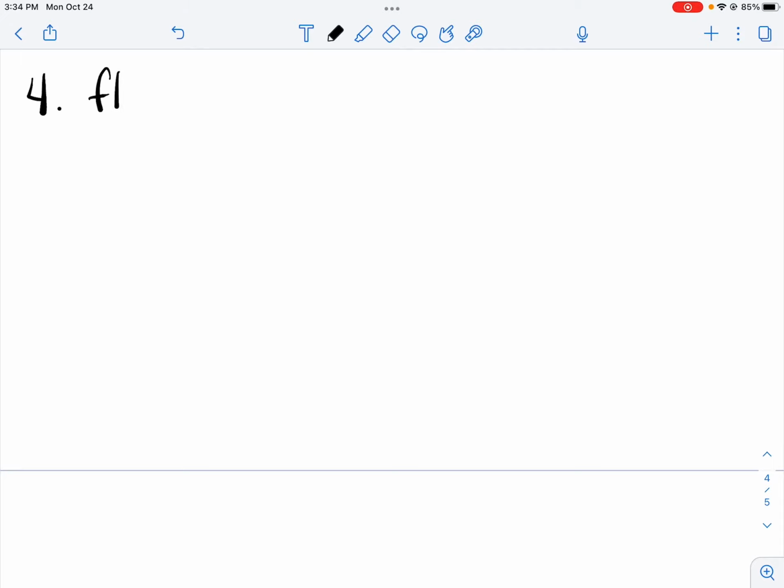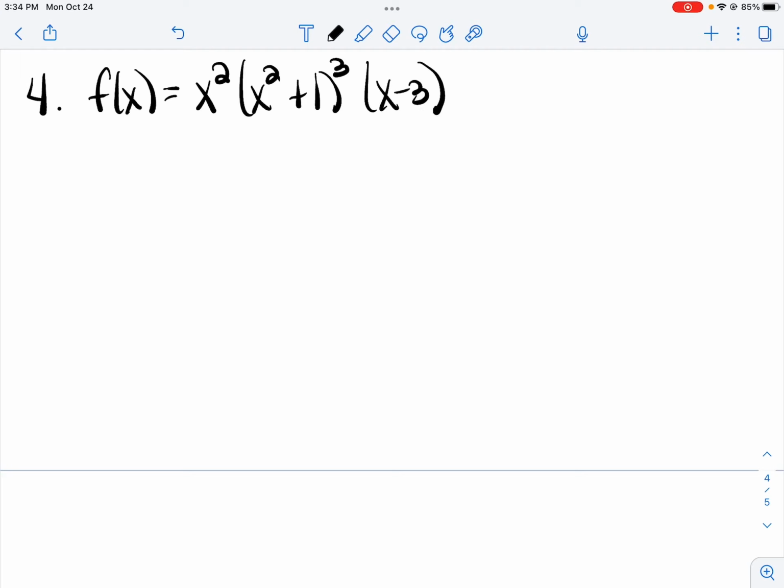Problem number 4, we have a polynomial that's given. x squared times x squared plus 1 quantity cubed times x minus 3 quantity. And we're asked to find the zeros and to state the multiplicity. So I take each factor and I set each factor equal to 0.